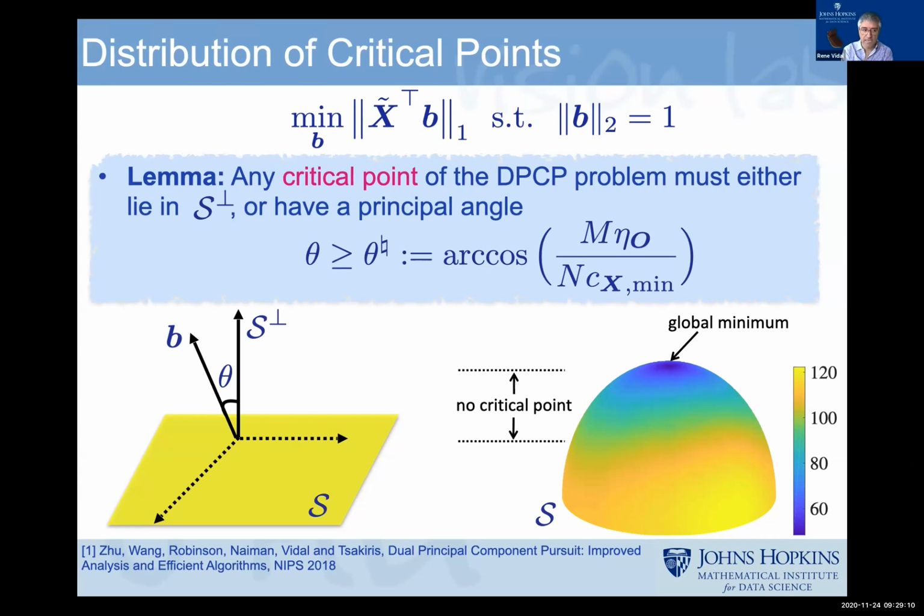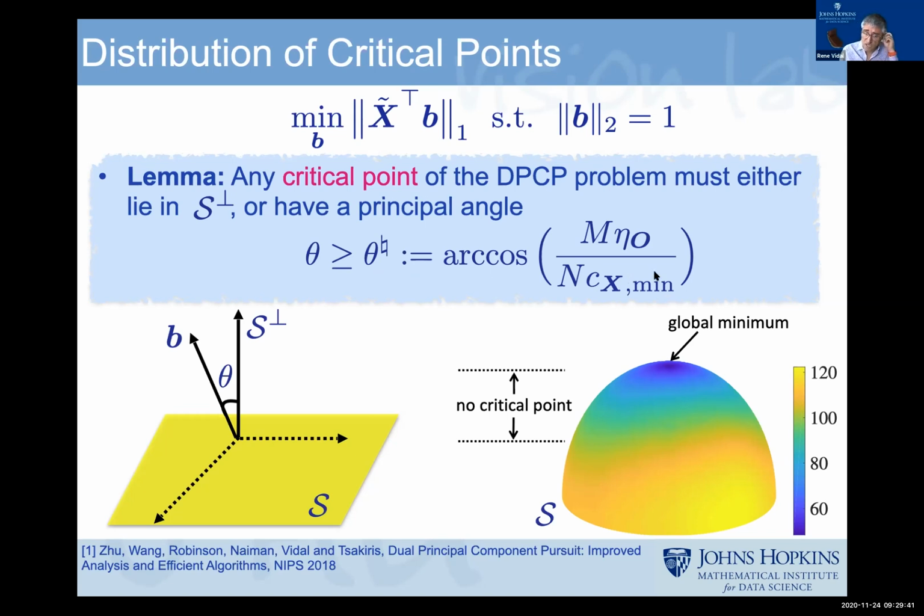Either it lies in the orthogonal complement to S, which is really where we want it to be, since we're trying to find the true normal to the hyperplane. So a critical point is either the global minimum that I'm trying to find, or otherwise it is far from the global minimum, because the angle theta from the critical point B to the normal vector is bigger than this theta sharp.